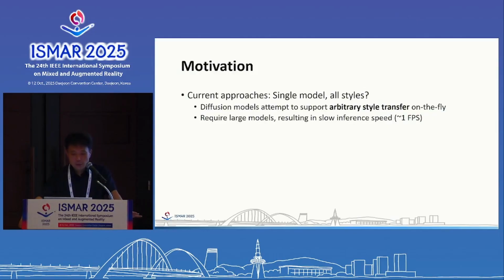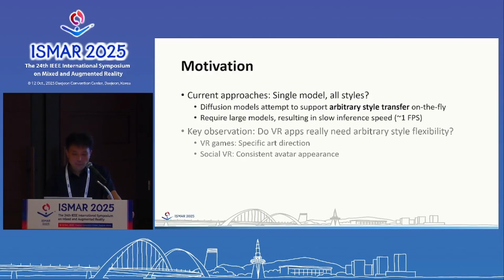Here is something we need to think about. The main reason why existing methods are slow is that they have large models. To generate arbitrary styles with prompting while maintaining quality, these models must be massive. But do VR apps need a model that can transform to any style on demand?